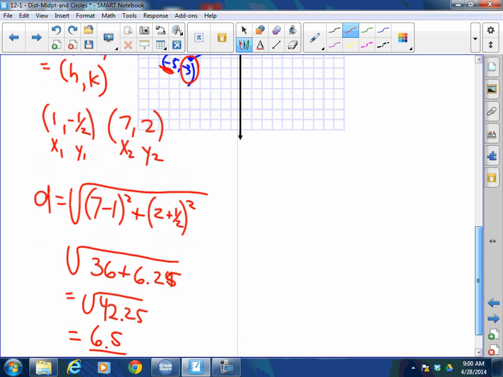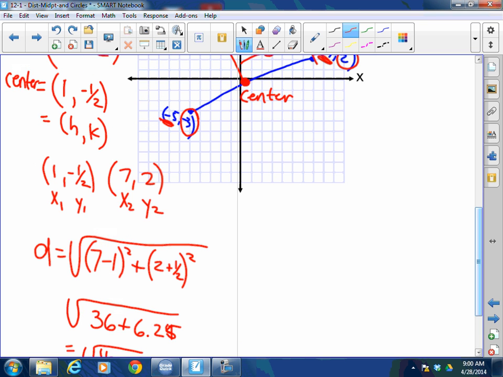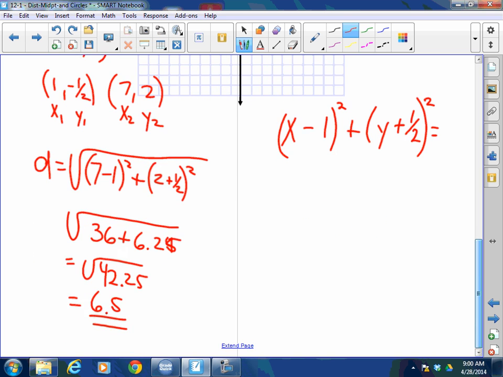So what is the equation to this bad boy here? (x minus h) squared plus (y minus k) squared equals, and actually, you know what? Why are we making this omission?